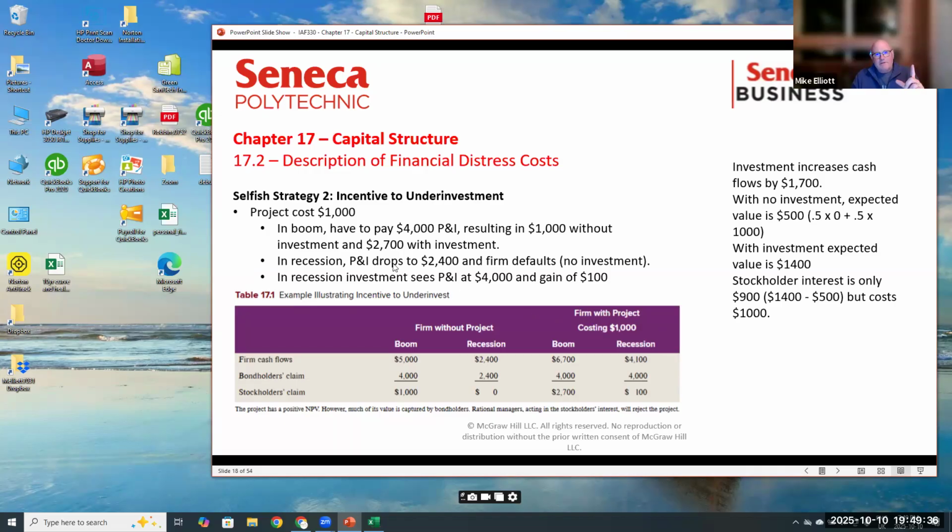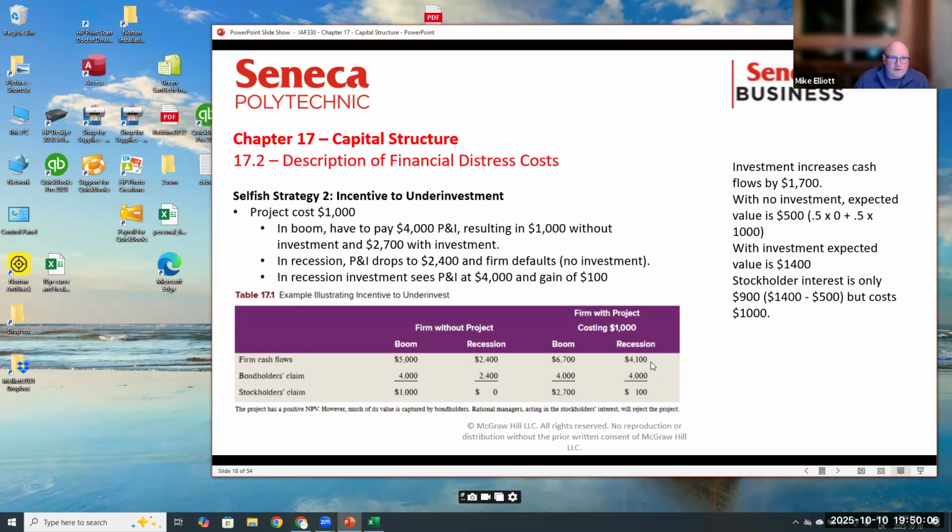Now we have a project that's going to cost $1,000. If we make the investment, we are going to generate $1,700. That gives us, with a boom, $6,700 in cash flows. In a downtime, we don't have $2,400 in cash flows.